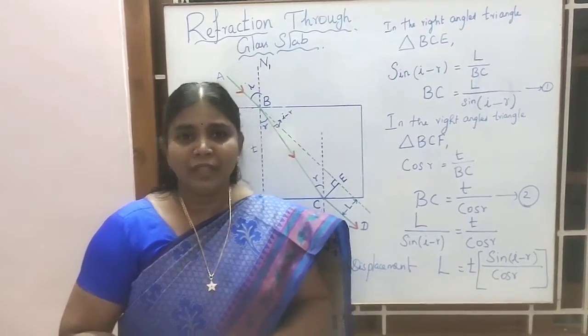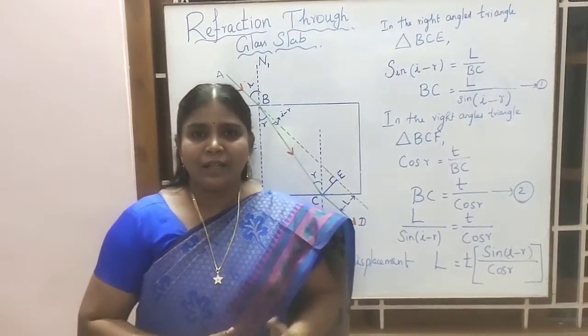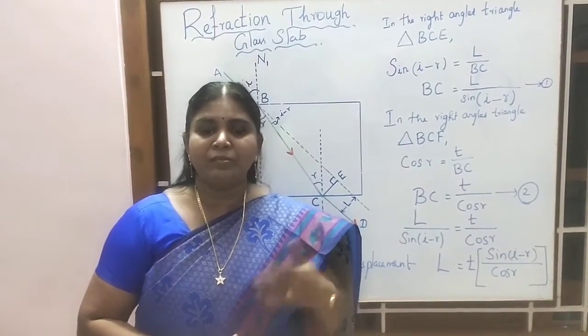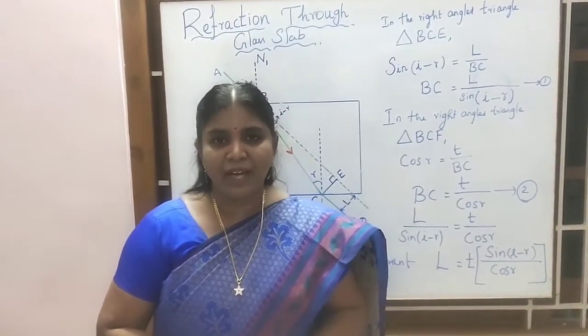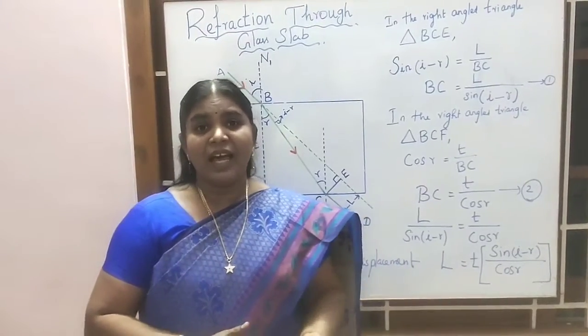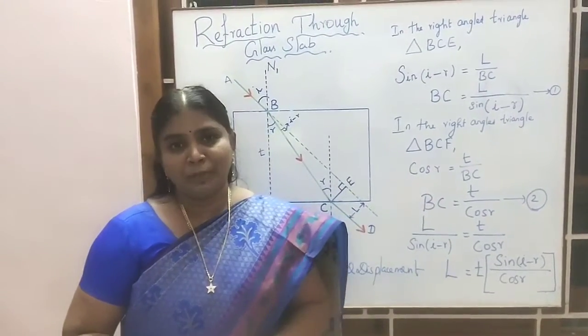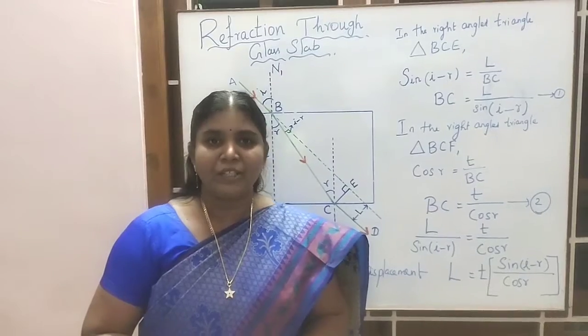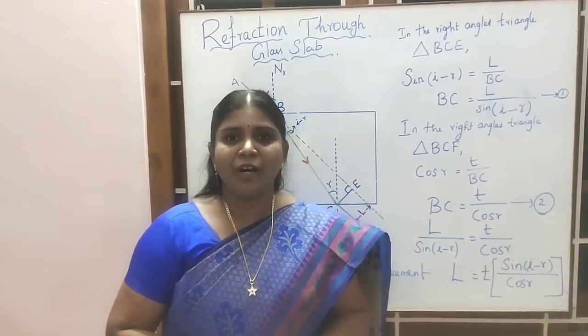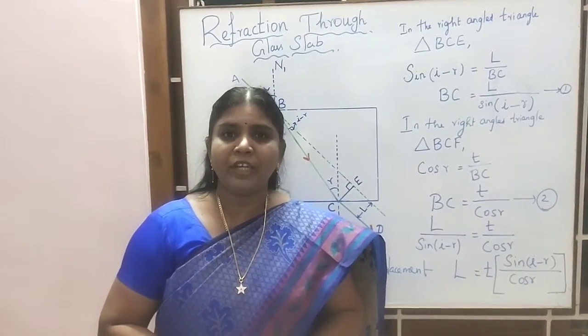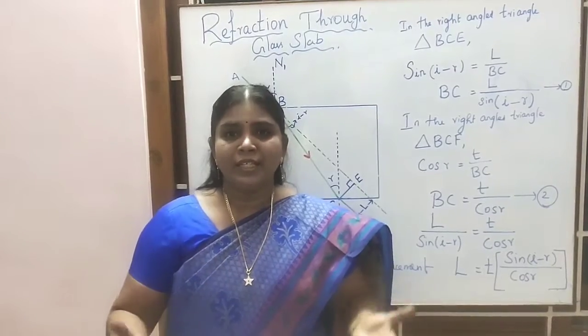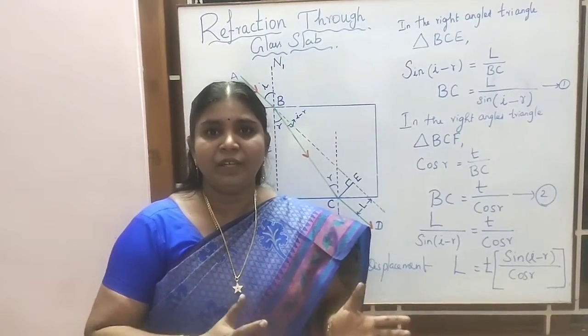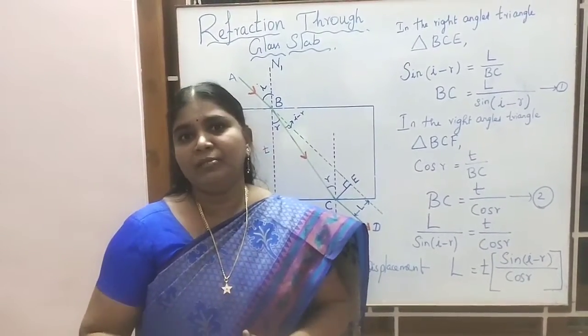In air, we know it is a constant value of 3 into 10 power 8 meter per second. This is the speed of light in air, but in glass it will be 2 into 10 power 8 meter per second. If you take water medium, it is 2.25 into 10 power 8 meter per second. So the speed of light is different in different media.